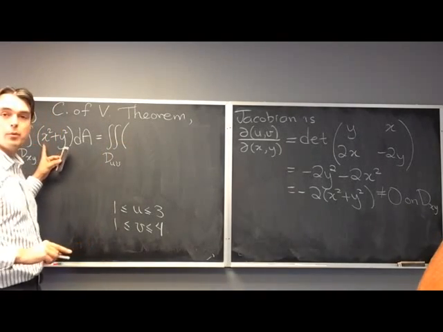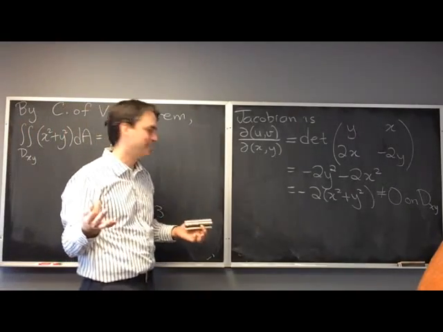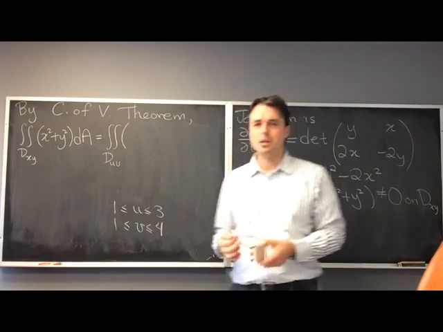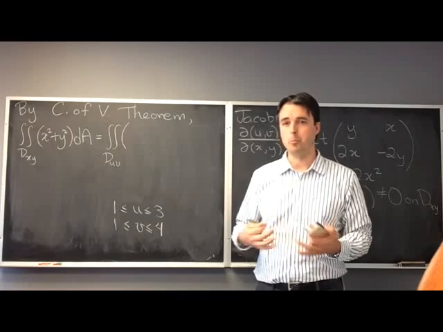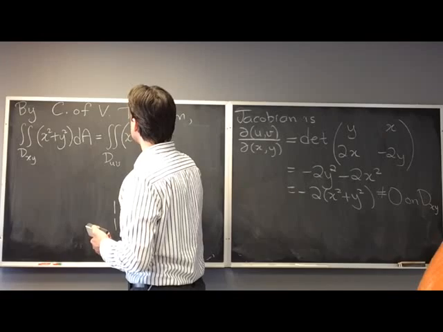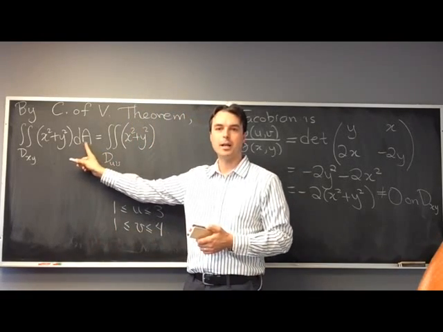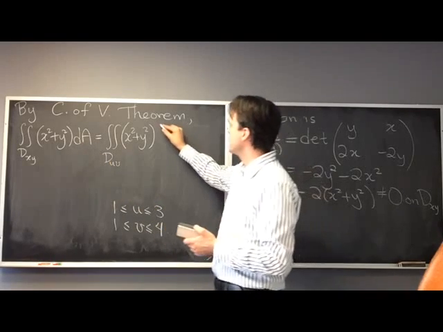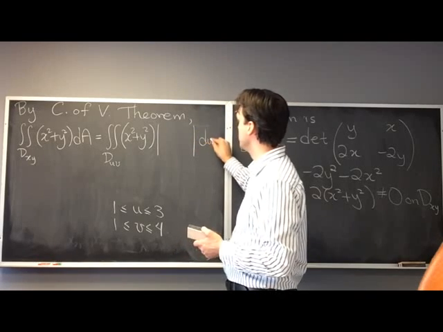it's going to be the same function. We want to evaluate the x's and the y's in terms of u's and v's, but if you look at the mapping we had, it's not so simple. It's not obvious to solve for x and y in terms of u and v. So let's just hope that the problem will go away. x squared plus y squared times, and then what happens to my dA, or dx dy, is that, by the change of variable theorem, it's the absolute value of the Jacobian, and then du dv.